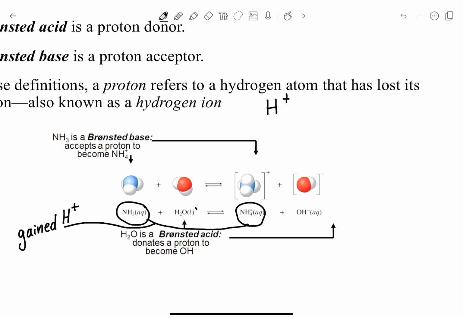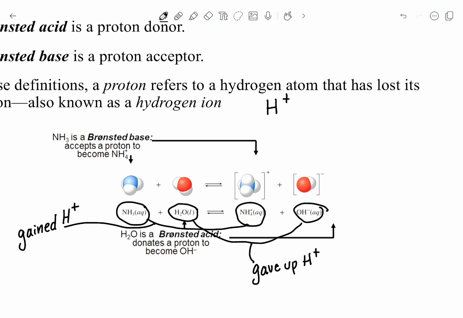Water is then the Bronsted acid because it had to give up one of its protons. It gave up its H+ in order to become OH-. Therefore, since water donated a proton, H+, it is then the Bronsted acid.